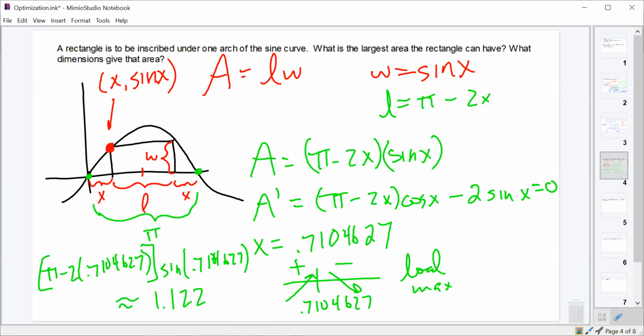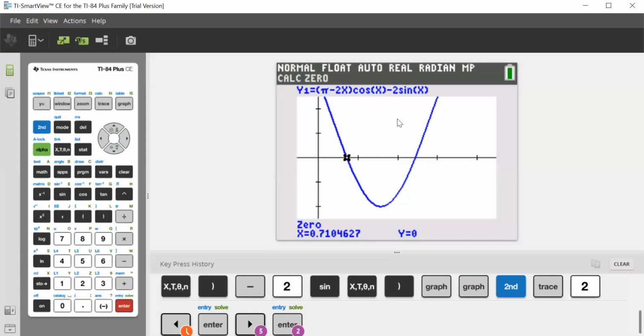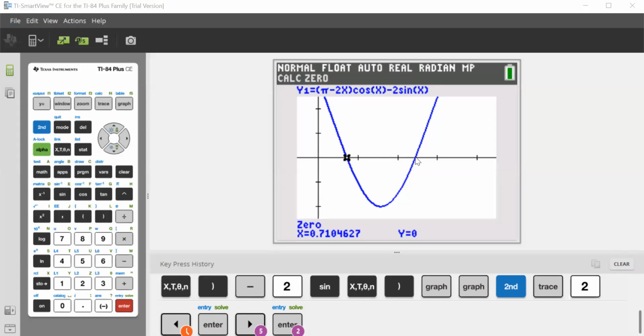So Molly, I only picked one. I should have said this, but I only picked one because if I'd found this next one over here, we'd see that this one's a min. Clearly that one's a min, right? Going from negative to positive. But I believe, let's see, what is the value there? 2 point something, it's not quite 2.5, but we'll just call it 2.5, right?